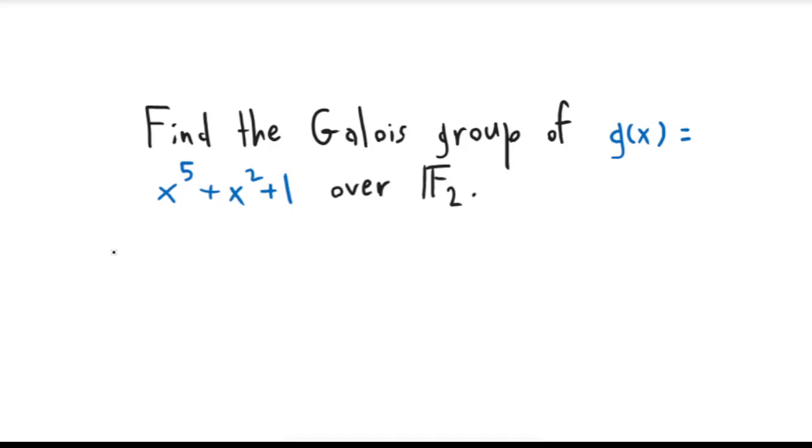So the first thing that we want to show is that g of x is irreducible. If it were reducible, it would be divisible by some lower degree polynomial.